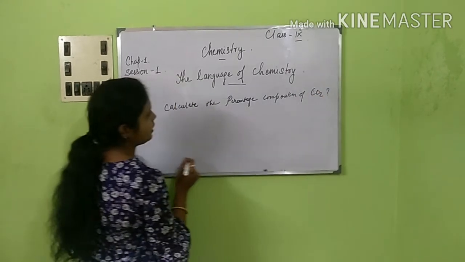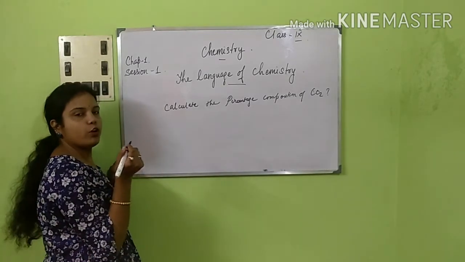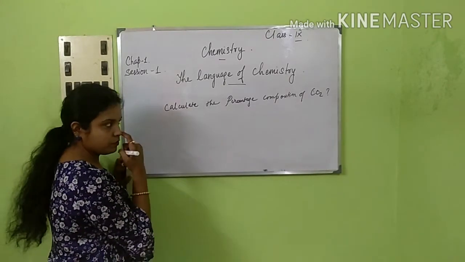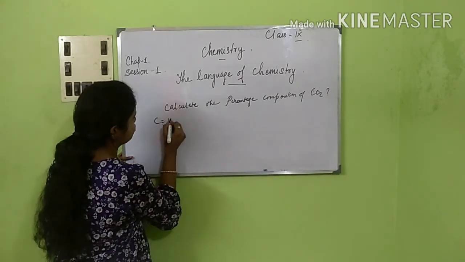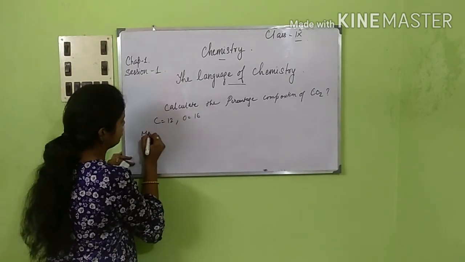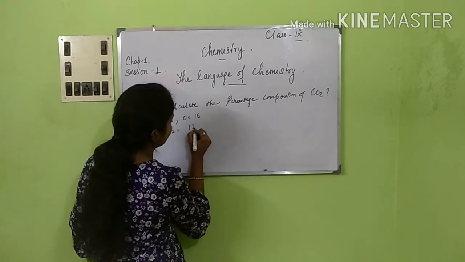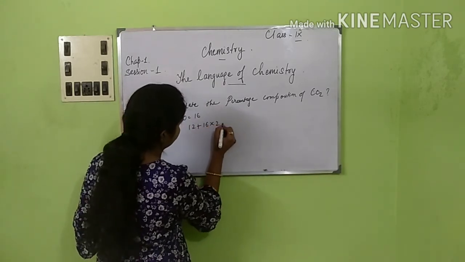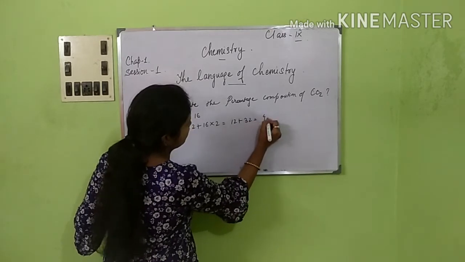So first we have to find the molecular weight. What is the atomic weight of carbon? We know it is 12, and for oxygen it is 16. So the molecular weight of CO2 is 12 plus 16 into 2, that is 12 plus 32, it gives you 44.